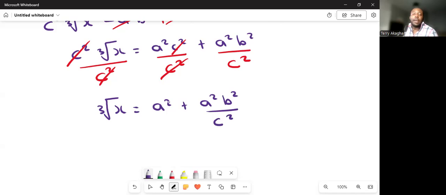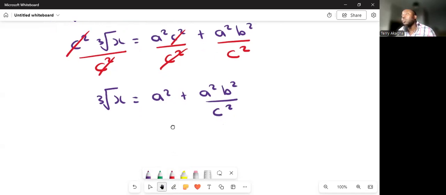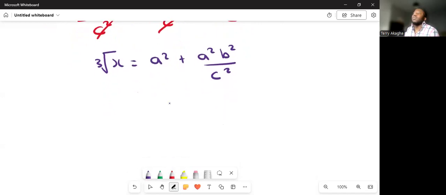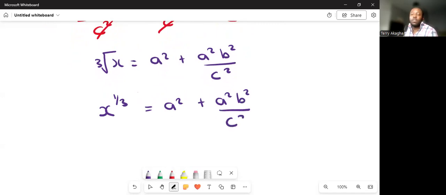Now, we're looking for x, not the cube root of x. So we're going to convert this to index form. Okay? So cube root of x is the same thing as saying x raised to 1 over 3 is equal to a squared plus a squared b squared over what? C squared. Now, in order for us to remove this, we're going to raise both sides to the power of what? 3.